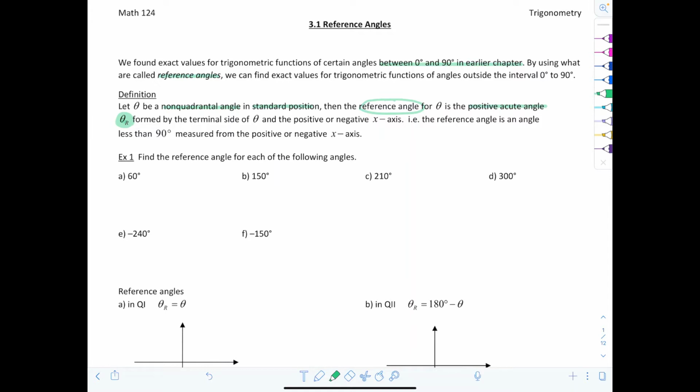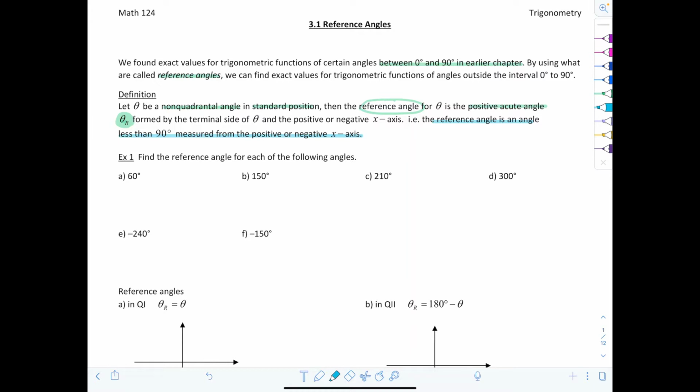So in other words, the reference angle is an angle that's less than 90 degrees measured from the positive or negative x-axis. The best way to understand what's going on is just do some examples.